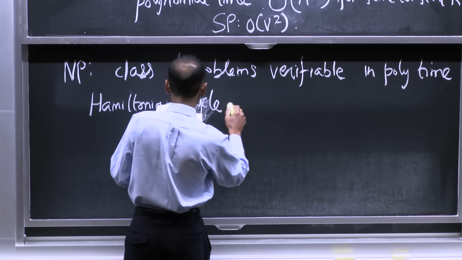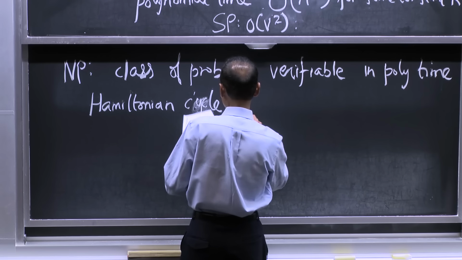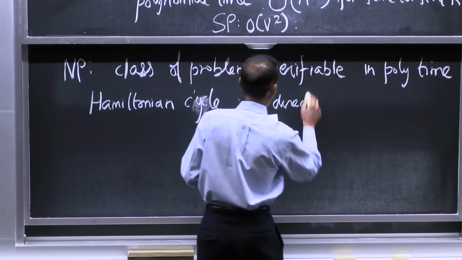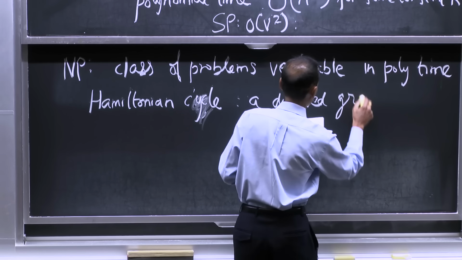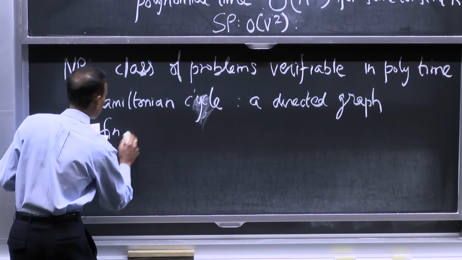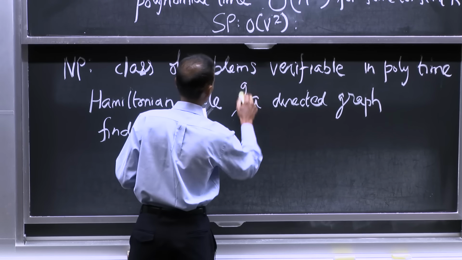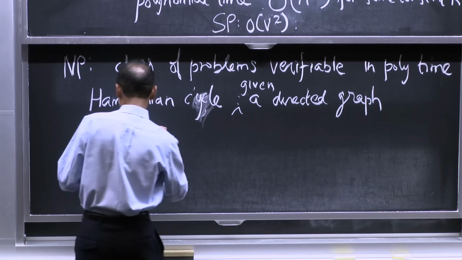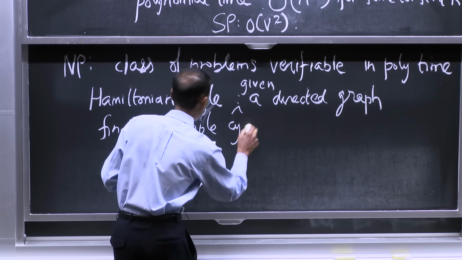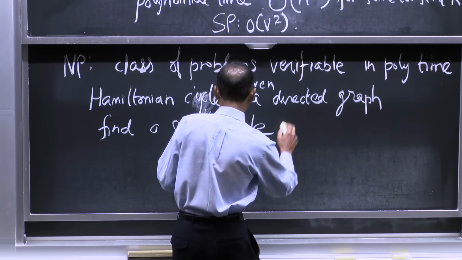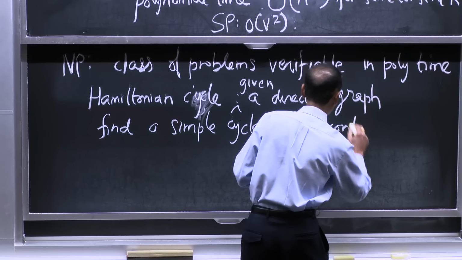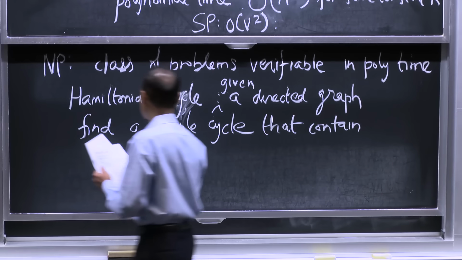The Hamiltonian cycle problem corresponds to, given a directed graph, find a simple cycle. So you can't repeat vertices, but you need the simple cycle to contain each vertex in V.